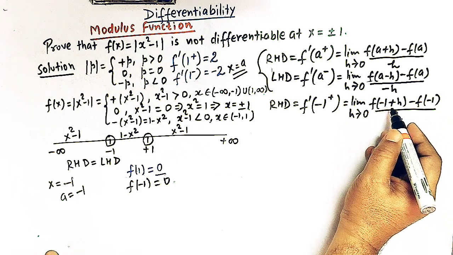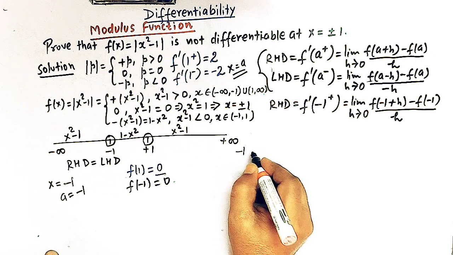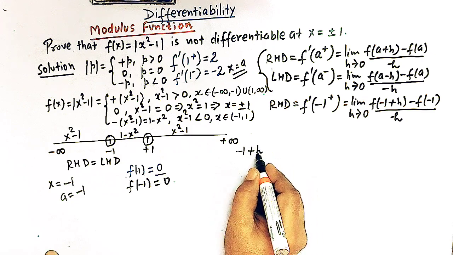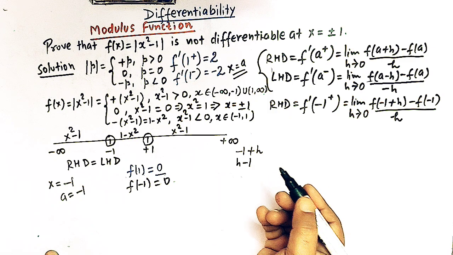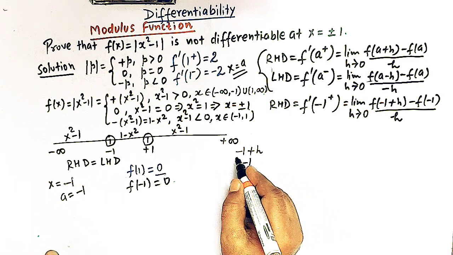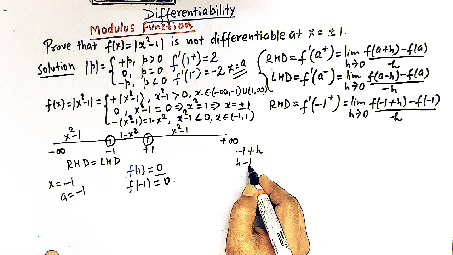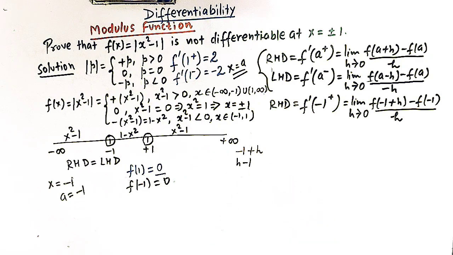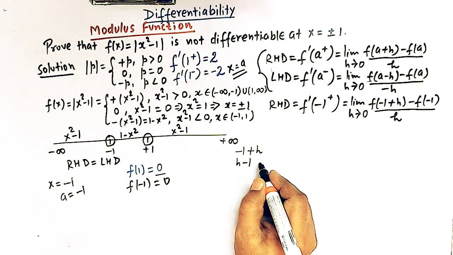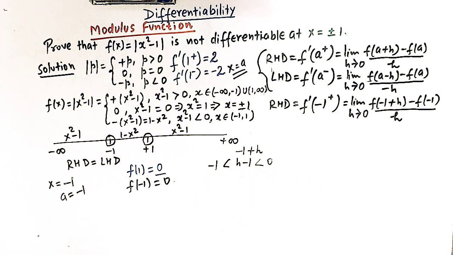Now see, here we have minus 1 plus h, which can also be written as h minus 1. Now h is infinitesimally small, but it is a positive quantity. So h minus 1 is less than 0 and greater than minus 1, right?